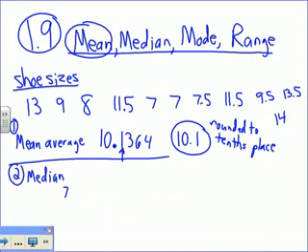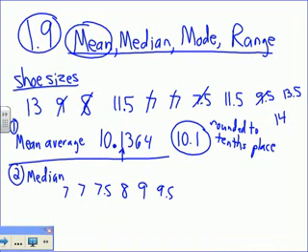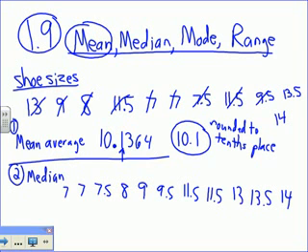So we've got 7, 7.5, 8, 9, okay. So if we cross those out, one on each end, and you can just do it in your head if you want to.